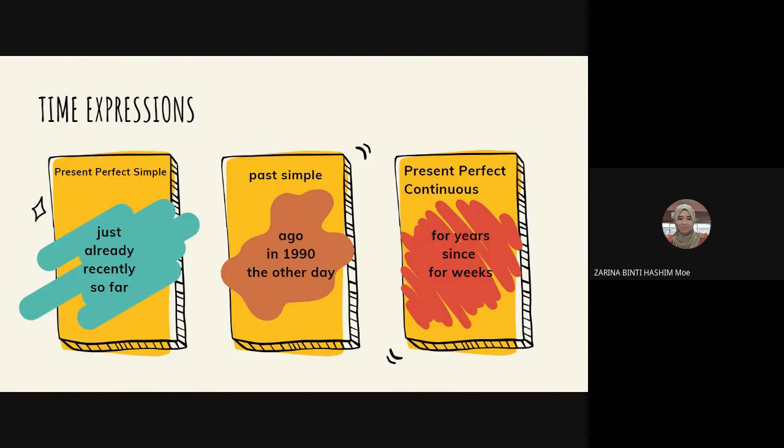We don't know, right? So that's why we cannot say this is specific. So before is not specific. So when it is not specific, we have to use present perfect simple.